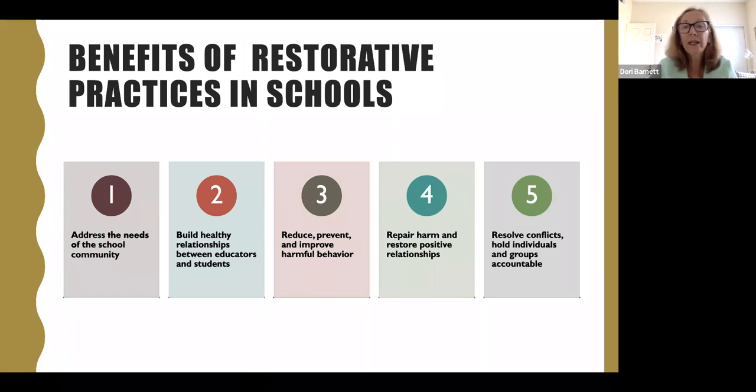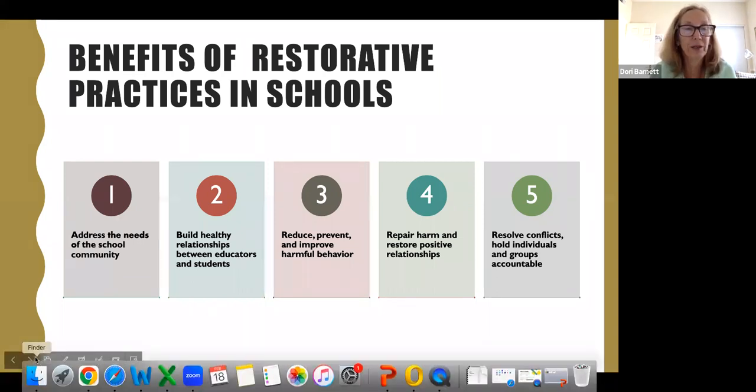More importantly, a restorative approach has been shown to improve school culture and climate by repairing harm and restoring positive relationships. It's also a way to reduce the number of conflicts and hold students responsible.